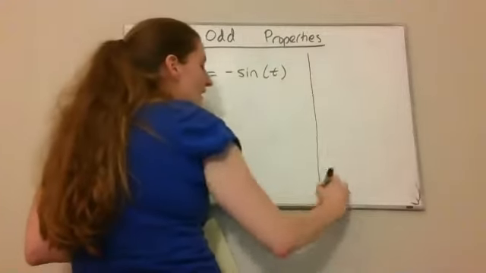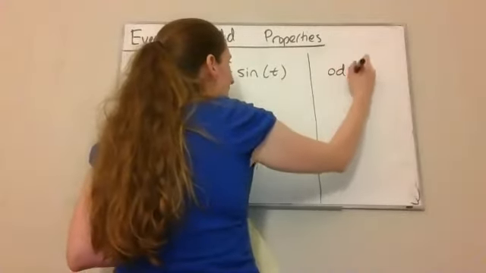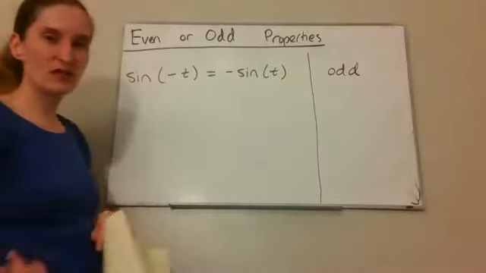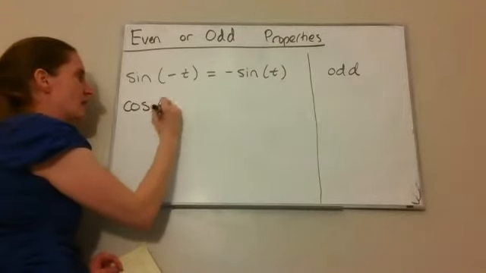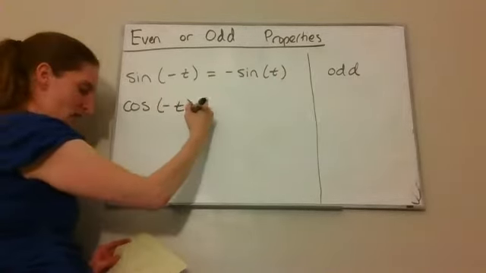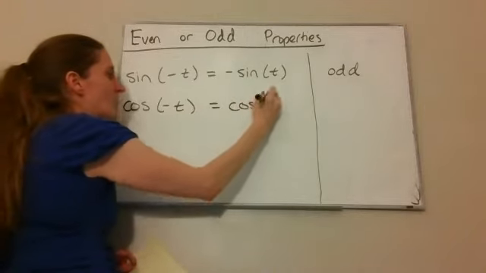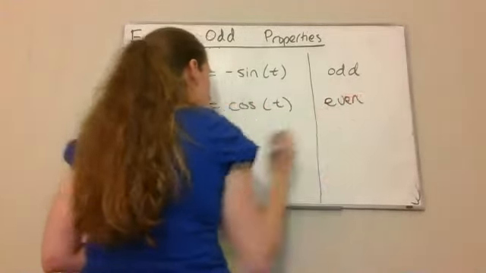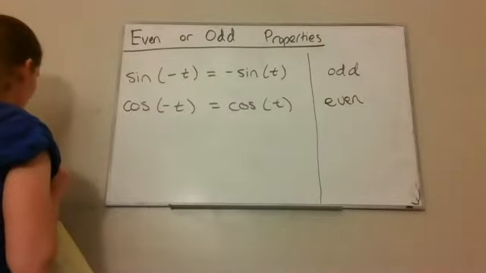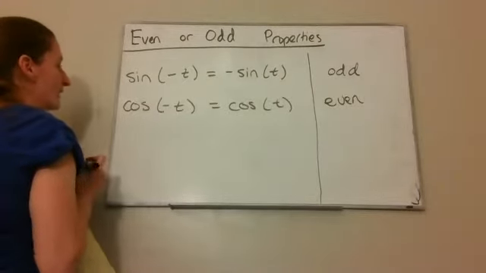That's the same thing as saying our sine is an odd function, symmetric with respect to the origin. Cosine of negative t is equal to just cosine of t. That's the definition of an even function. That would be symmetric with respect to the y-axis.